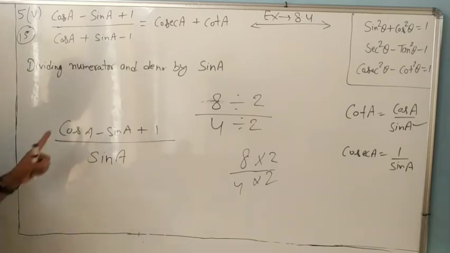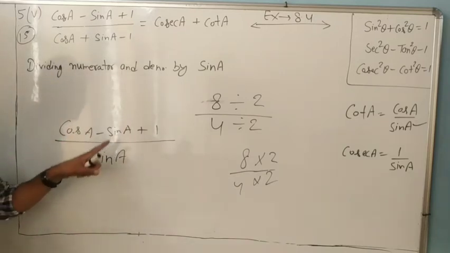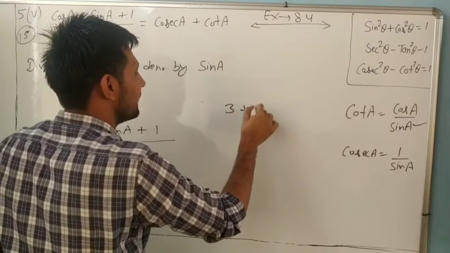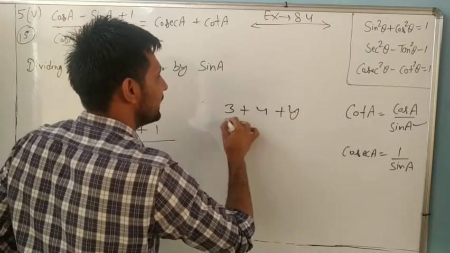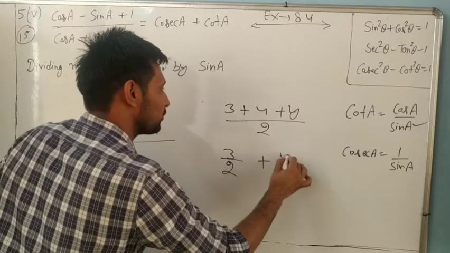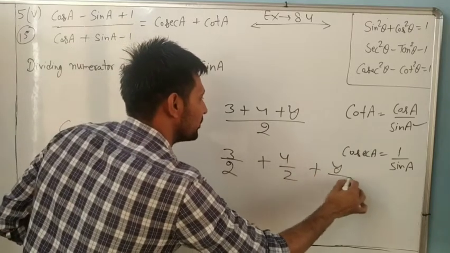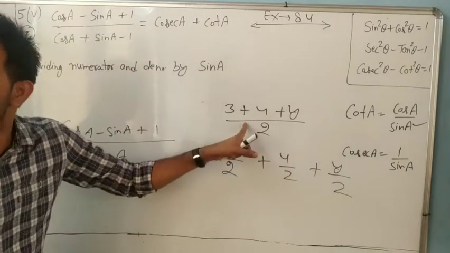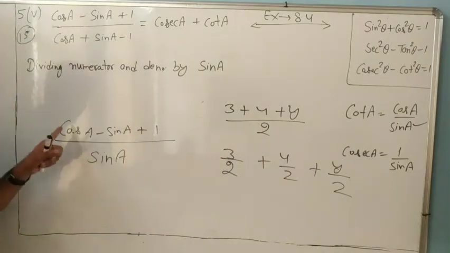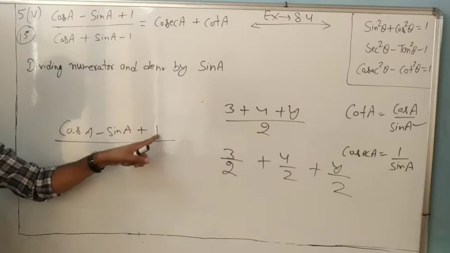It means cos a divided by sine a. Look, if I write (3 plus 4 plus y) divided by 2, it means 3 divided by 2 plus 4 divided by 2 plus y upon 2. Yes, 2 is the common divisor. Same as it is: sine is dividing cos, sine also and 1 also.